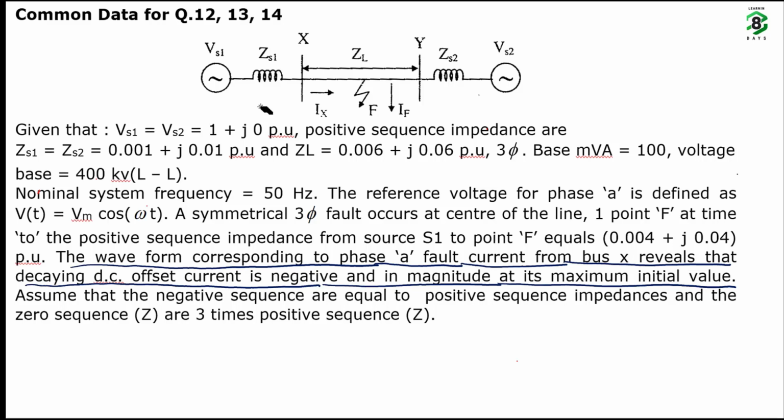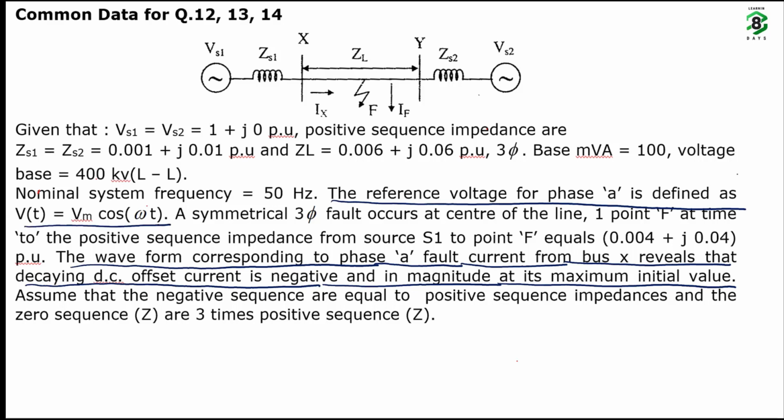Okay, very typical question. If you have already studied our fault analysis lecture 1, where we explained the DC offset current, you can correlate with this question. Again, I'm explaining here what the waveform is. The reference voltage for phase A he has given as Vm cos omega t.